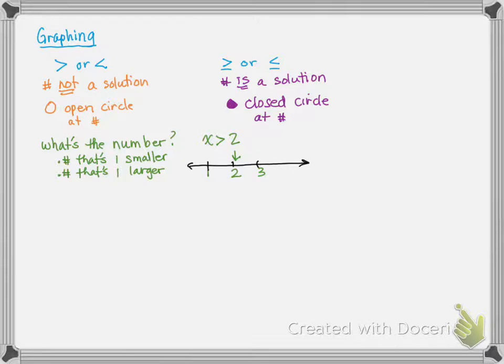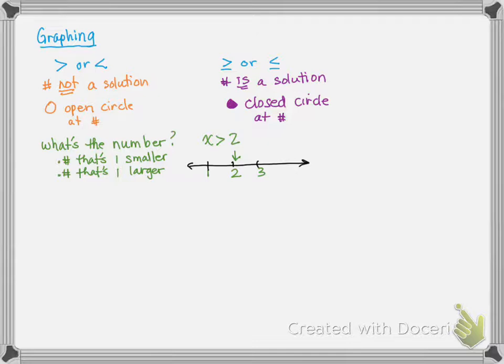That's why I don't like the book sometimes. All you need is to have your number that's in the inequality in the middle, and then in front of it is the number just smaller than it, and the number after it is the number just bigger than it.